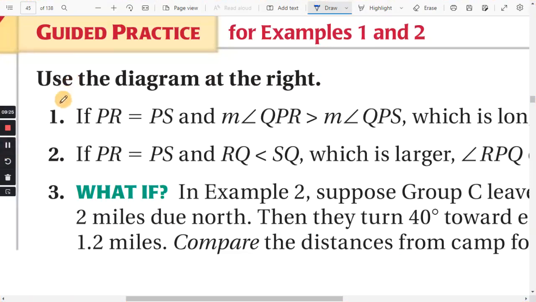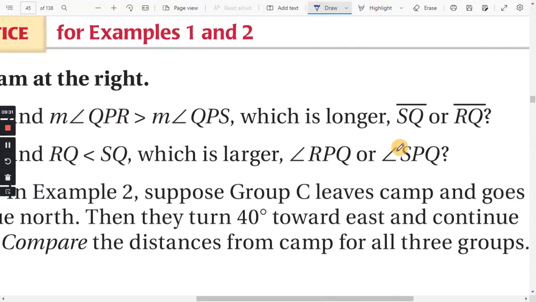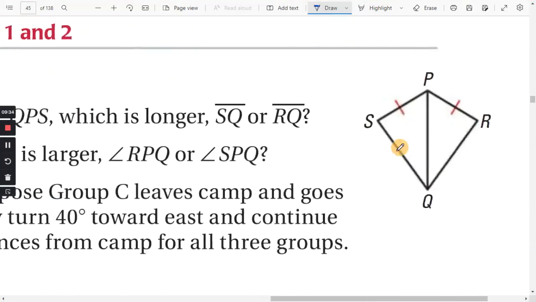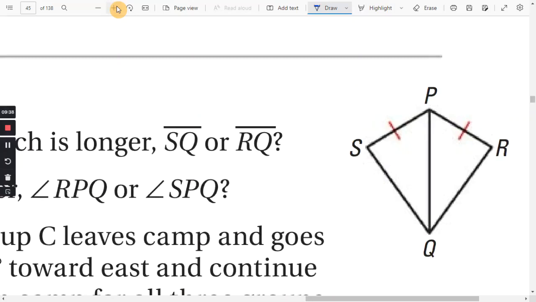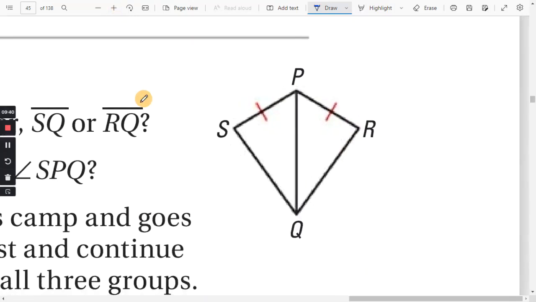Okay, let's try number 1. PR equals PS. Angle QPR is greater than angle QPS. Which is longer?